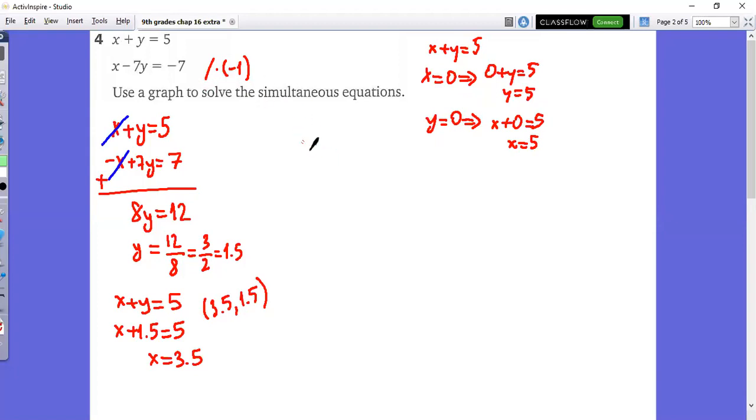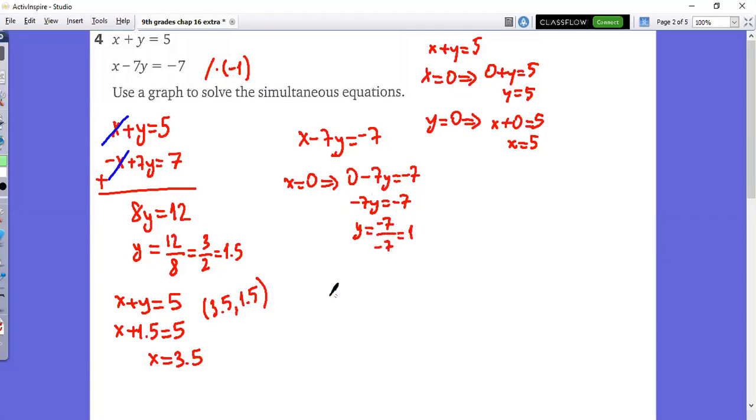Other equation, x minus 7y equals -7. Let's substitute 0 for x. 0 minus 7y equals -7. Minus 7y, ignoring 0, equals -7. So y is 1. -7 over -7, this is positive 1.